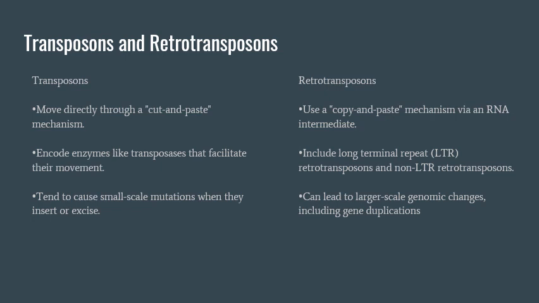Transposons move directly through a cut and paste mechanism, whereas retrotransposons use a copy and paste mechanism. Transposons encode enzymes like transposase that facilitate their movement. They also tend to cause small-scale mutations when they insert or excise. Retrotransposons include long terminal repeats and can lead to larger scale genomic changes, including gene duplications.